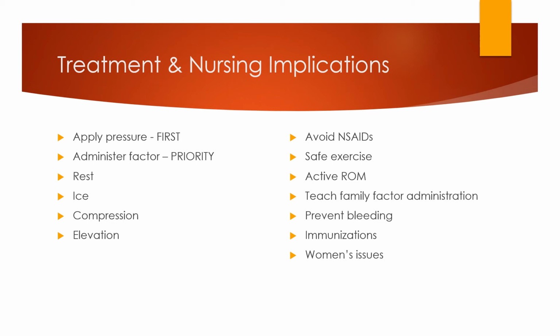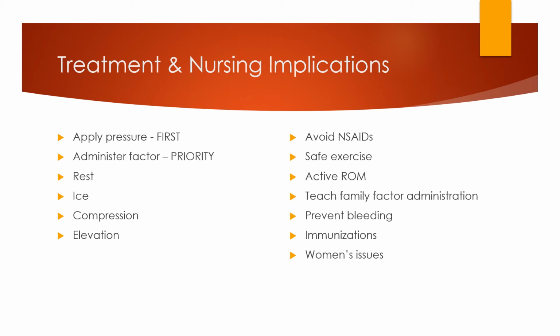Educating. We're going to teach family about factor administration. Family and caregivers are going to be the ones at home that are going to give factor. So we want to make sure for our patients that are hemophiliacs that the family knows how to administer factor. We want to make sure that they have factor at home with them at all times.